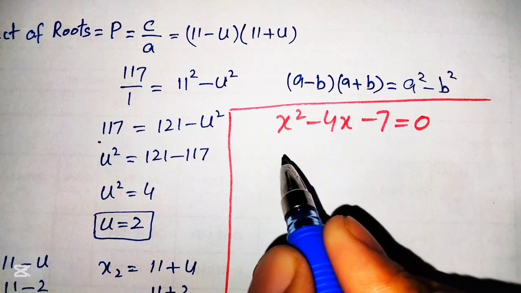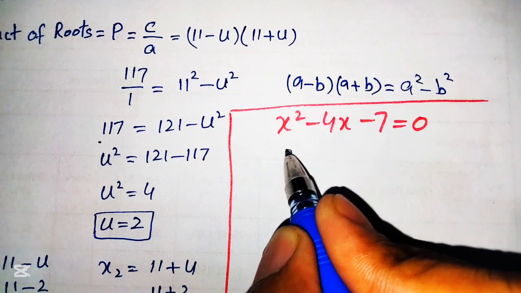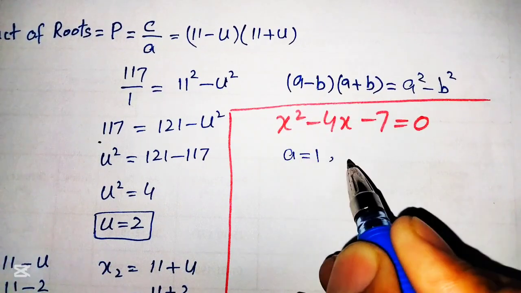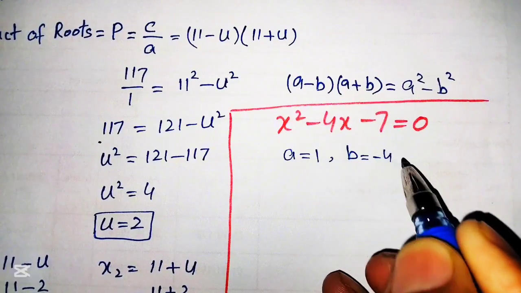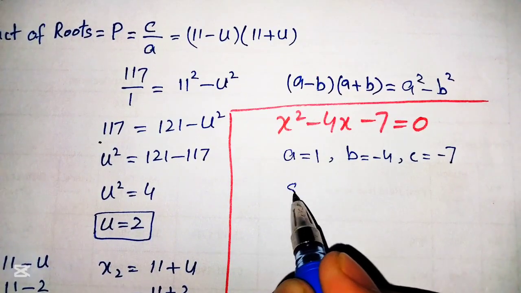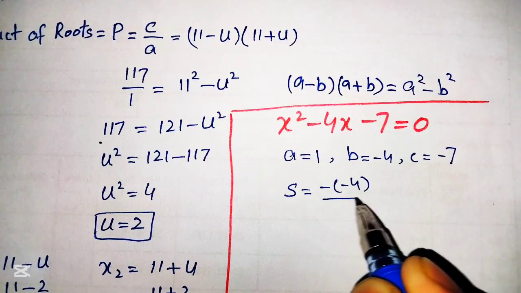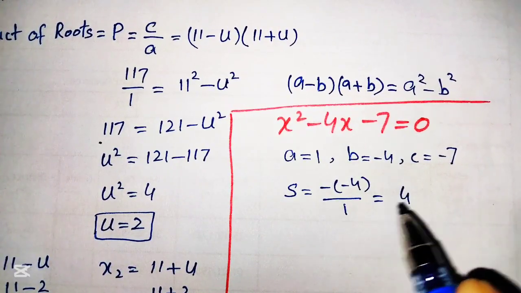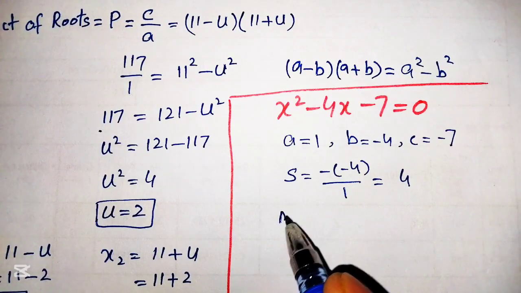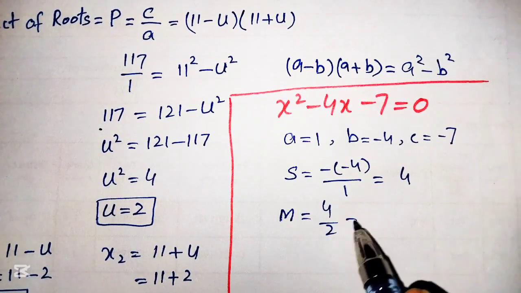Now this is the second equation here. We will find the roots of this equation by using this method, where a is equal to 1, b is equal to minus 4, and c is equal to minus 7. Now the sum of roots s is equal to minus b over a, which is 4 over 1, equal to 4, and the average of the sum of roots is equal to 4 over 2, which is equal to 2.